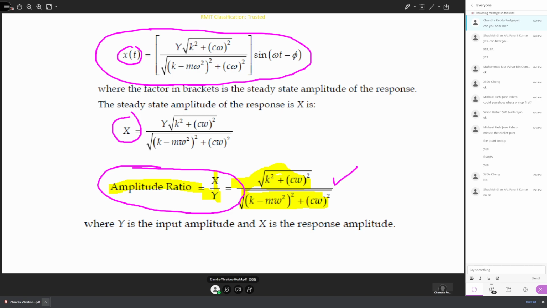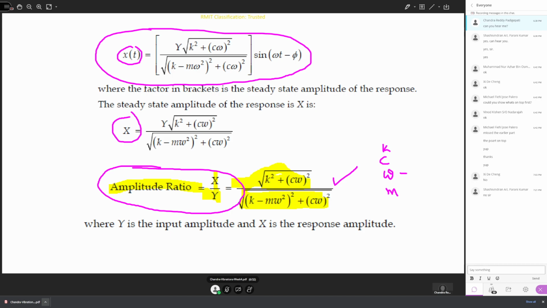That means due to the base movement with amplitude Y, the amplitude x of the vibratory mass depends on this particular expression, where k is your stiffness constant, c is your damping constant, and omega is the frequency of the base movement, the external frequency. So m is the mass.